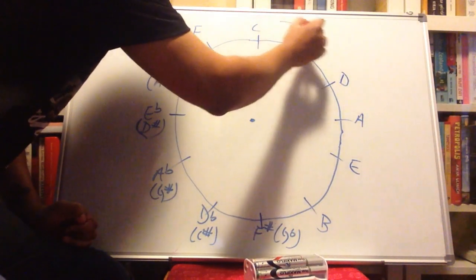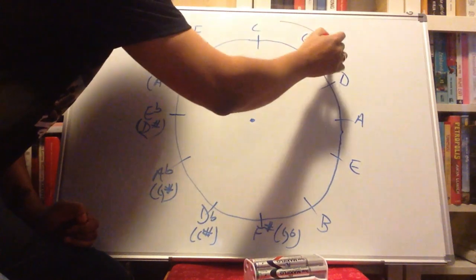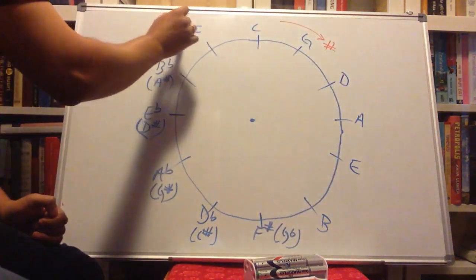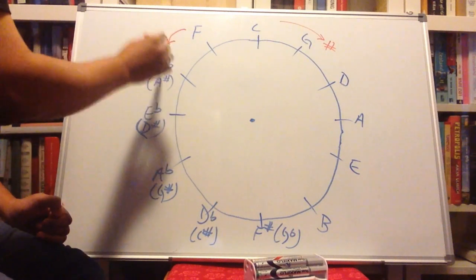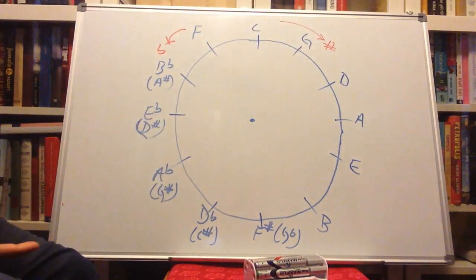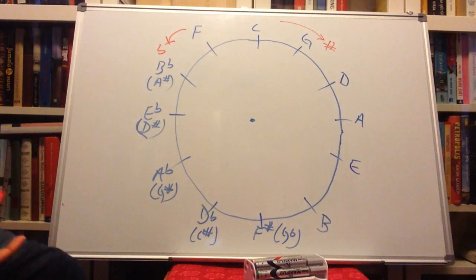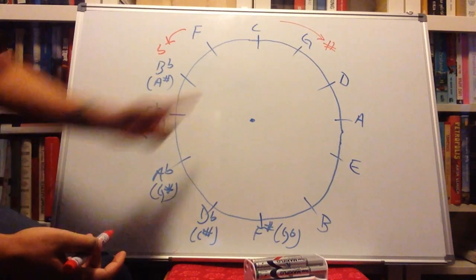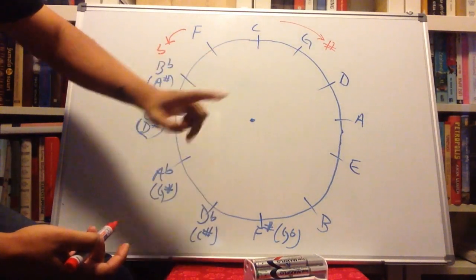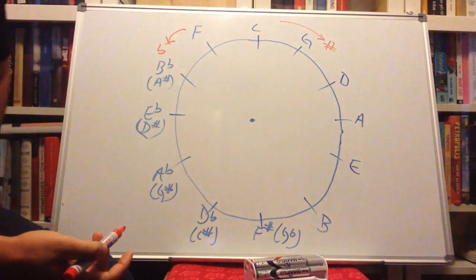If you remember, I said from clockwise direction it's sharps, and from anti-clockwise direction it's flats. So flats have the priority here, sharps have the priority there. If you make a major scale of C, you would see that there are no sharps and flats.